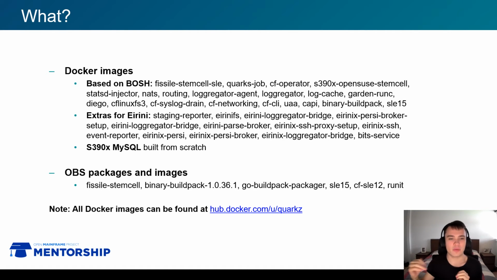Then images for Irene, which is a new Kubernetes scheduler for Cloud Foundry, and then a MySQL image built from scratch because we couldn't find a MySQL image for Z online, so we had to build it from scratch.